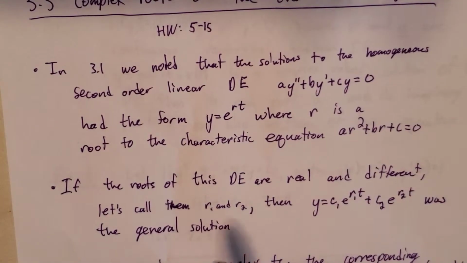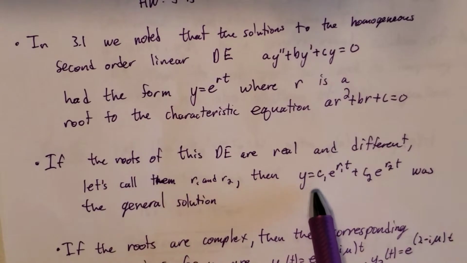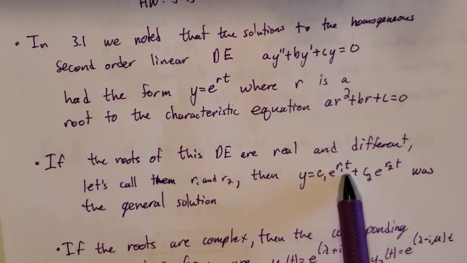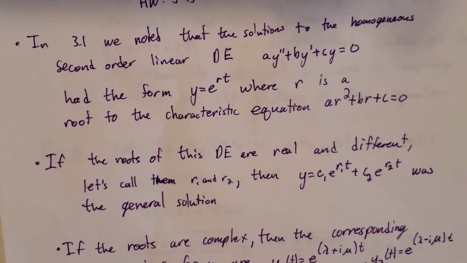Furthermore, if the roots are real and different, we can call them r1 and r2, then y equal to c1 e to the r1t plus c2 e to the r2t was the general solution.